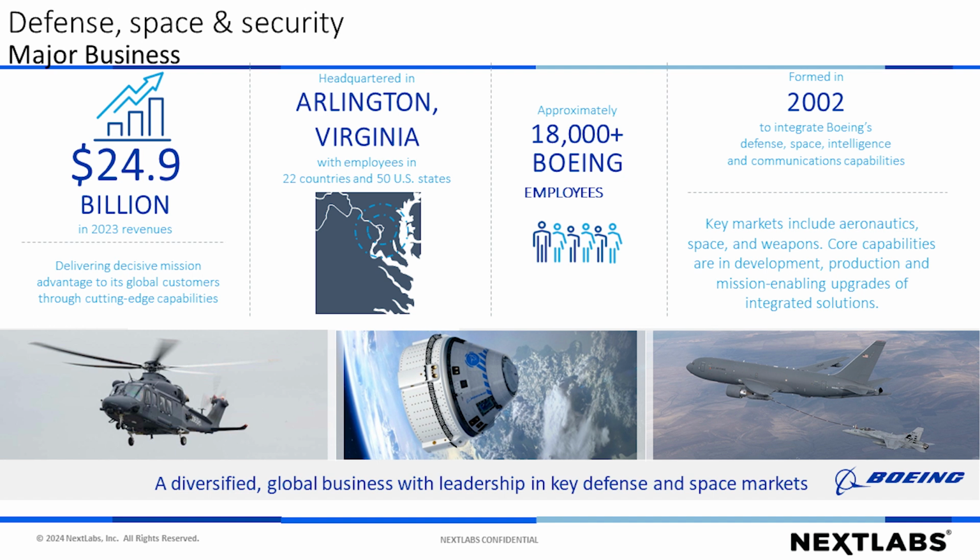Within Boeing Defense, Space and Security, some highlights: about $25 billion revenue, headquartered in Arlington. We have employees all over the world, 22 countries, 50 US states, 18,000-plus employees, and roughly 60 to 70 programs, and the flagship programs. I can see the vertical lift division, the space division, and then the tanker division, represented in this particular slide.